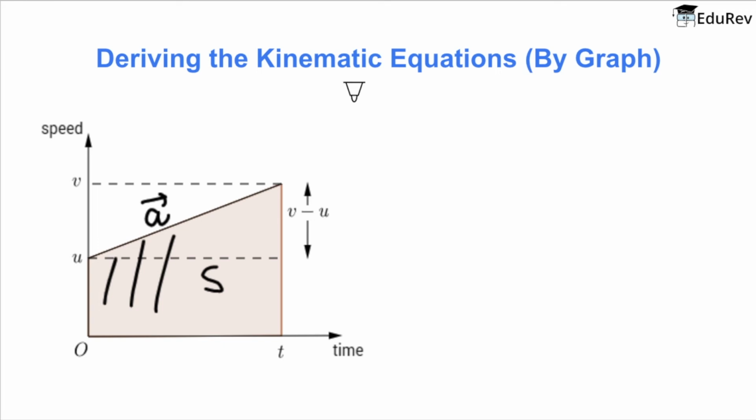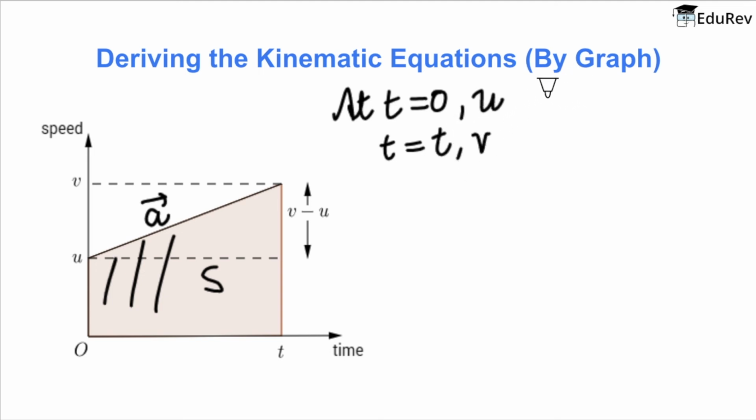So from the graph, at time t equal to 0, our velocity is u, and at time t is equal to t, our final velocity is v.